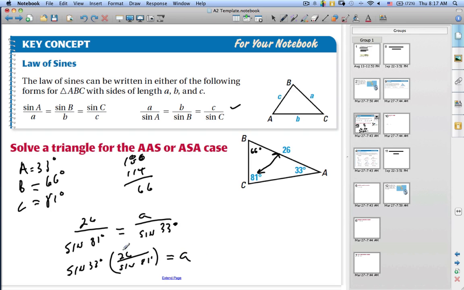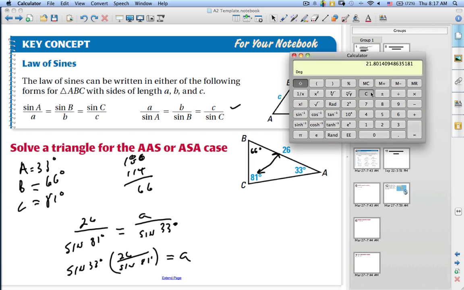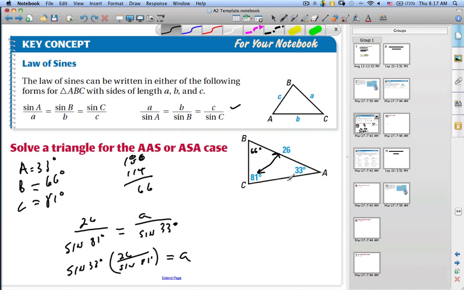To finish this out and find the length of A, I take 26 divided by the sine of 81 degrees, which equals 26.32, times the sine of 33 degrees, and that's going to be 14.34.